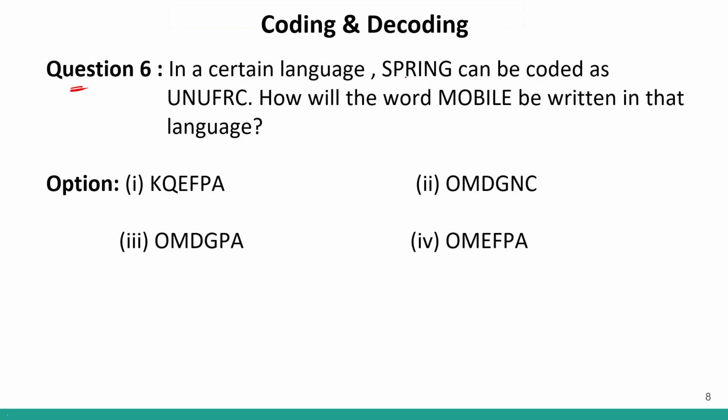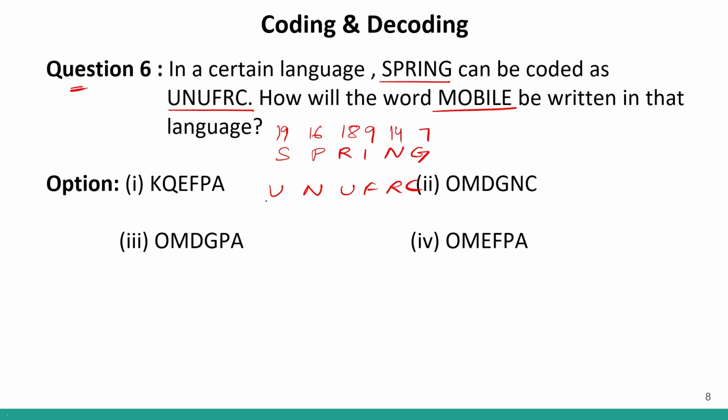Question number 6, we have spring is coded like this. We have to find the code for the word mobile. So SPRING is coded as UNUFRC. So S is 19, P is 16, R is 18, I is 9, N is how much? 14, G is 7. U is 21, 14, 21, 6, 18 and 3.